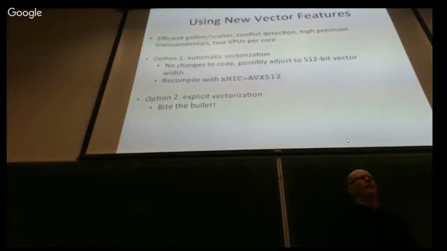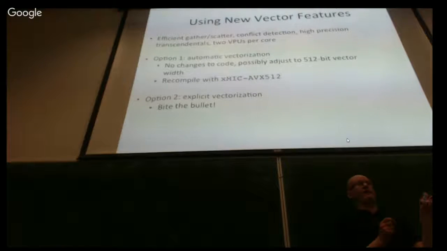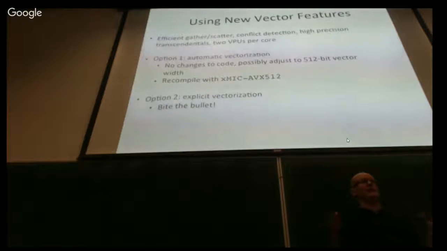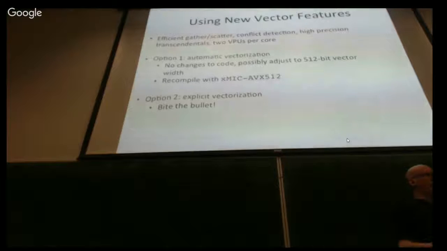It's certainly a larger instruction set than IMCI, but a lot of the intrinsics or even the lower level instructions that you'll see in AVX512 were already there on the KNC instruction set. It's just being extended. So it's now a lot more efficient in terms of a 512 instruction set.